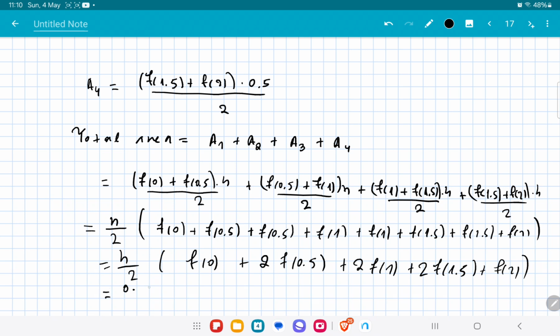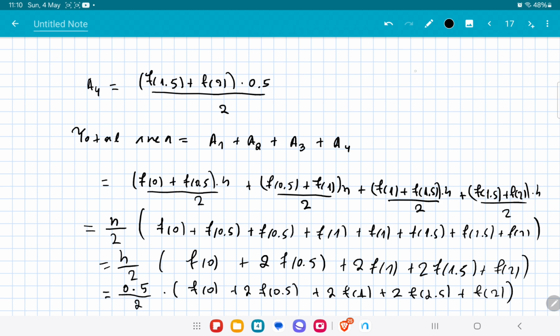So that's going to be 0.5 divided by 2 times f of 0 plus 2 f of 0.5 plus 2 f of 1 plus 2 f of 1.5 plus f of 2. And I have to evaluate the values of the function: f of 0, f of 0.5, f of 1, f of 1.5, and f of 2.